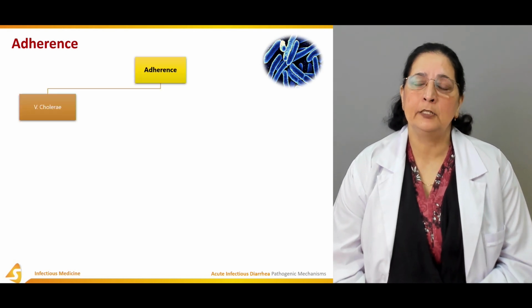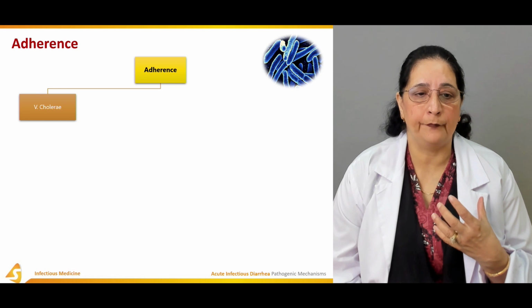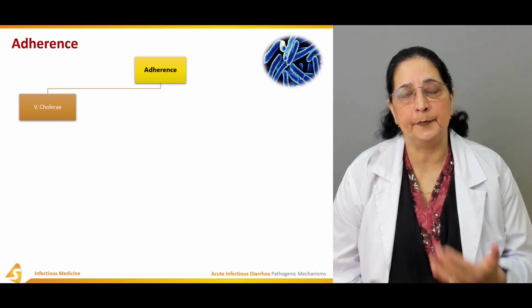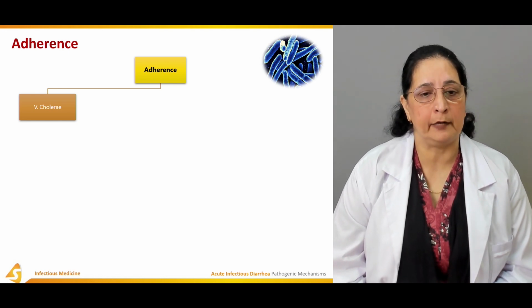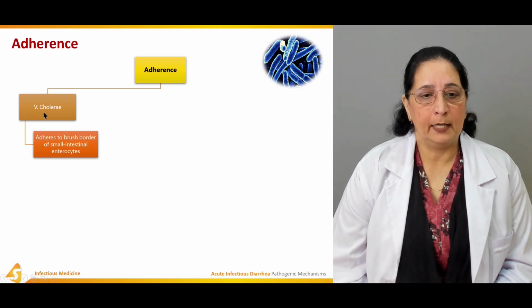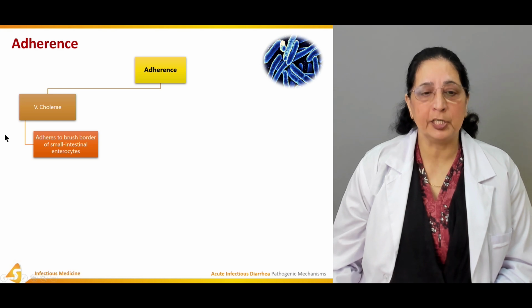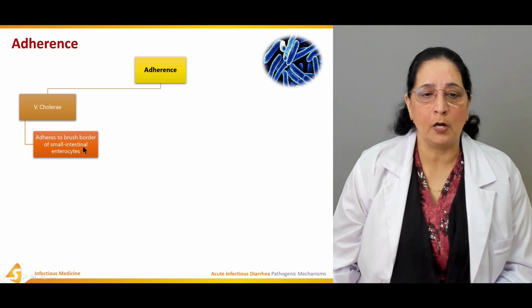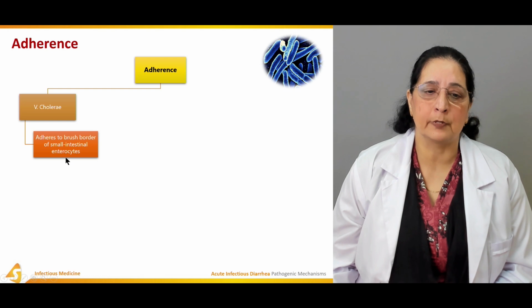Next, let's go over the adherence of different microorganisms that can cause infectious diarrhea. First, we have Vibrio cholerae. They adhere to the brush border of small intestine enterocytes.